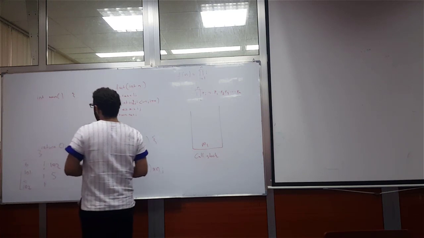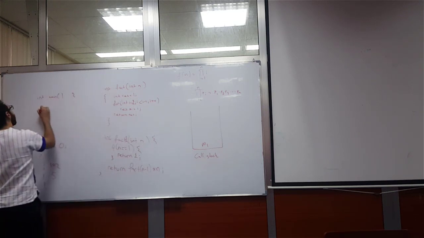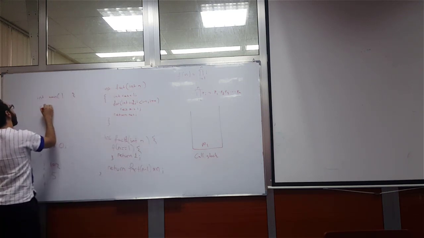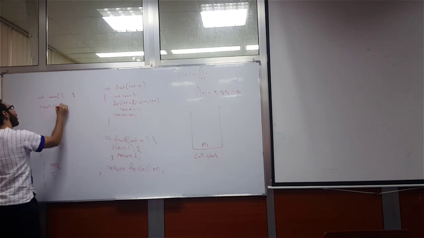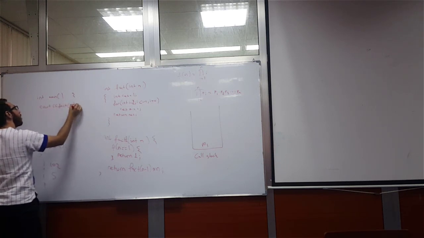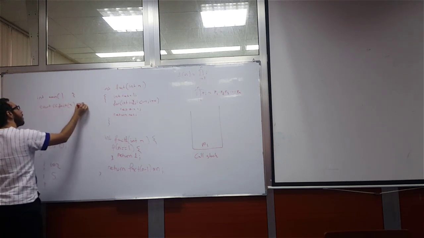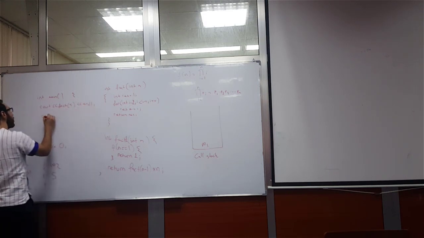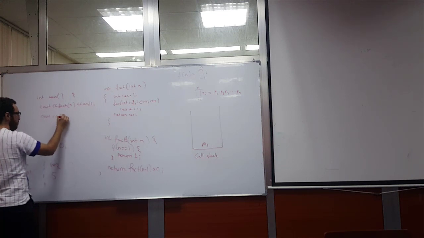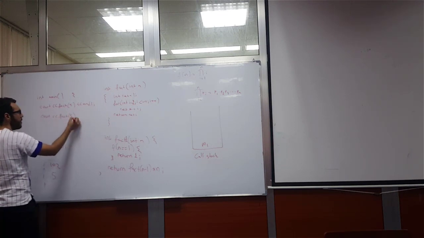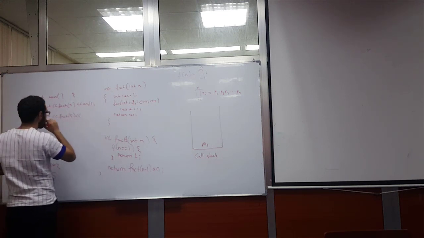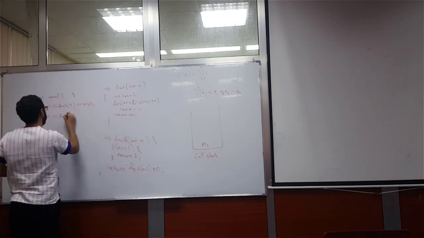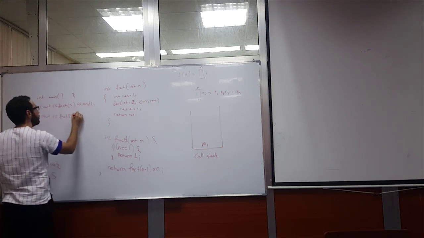Okay, so let's say first we are calling fact 5. And then we are calling factR 5.